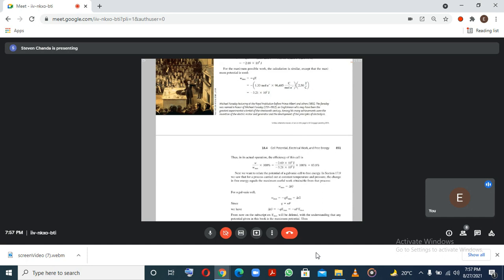Now you know that for any equation, when you get the actual and what you expect, then you can have an equation of efficiency. What efficiency basically does is you are simply asking yourself, from what we were expecting, how much have we gotten?